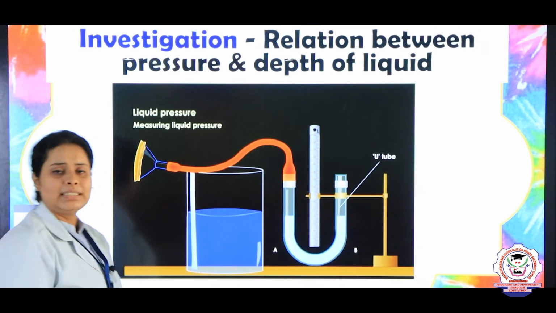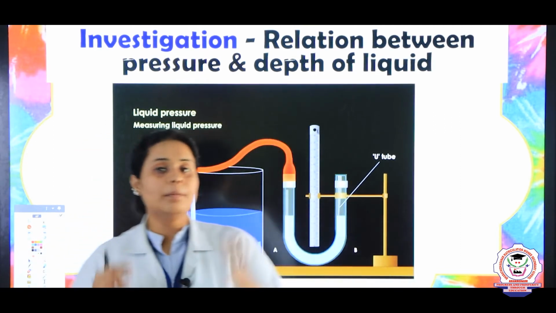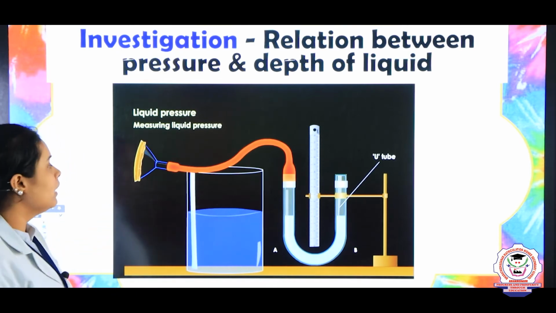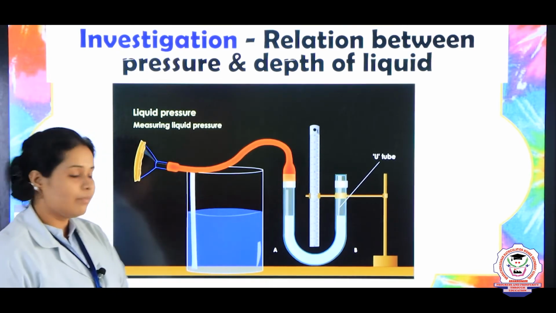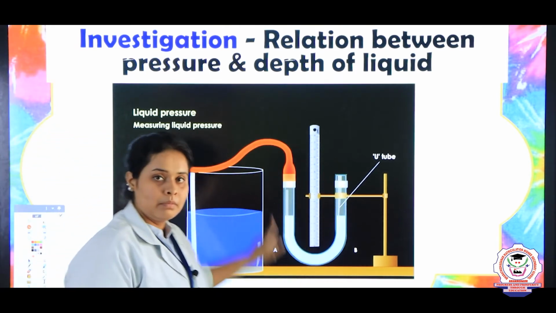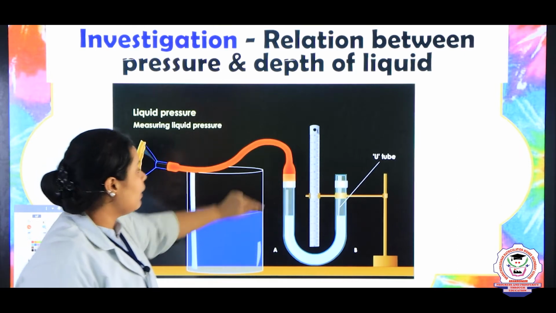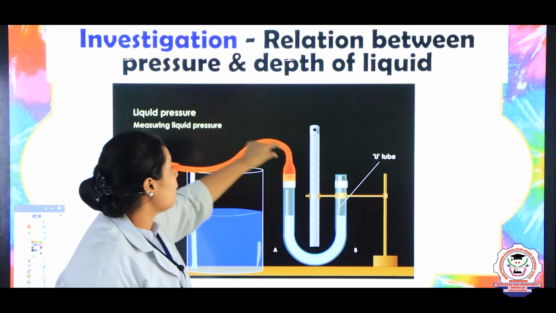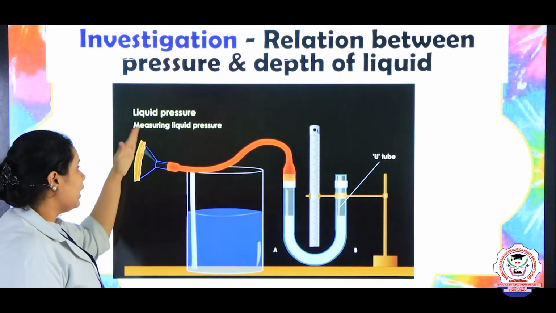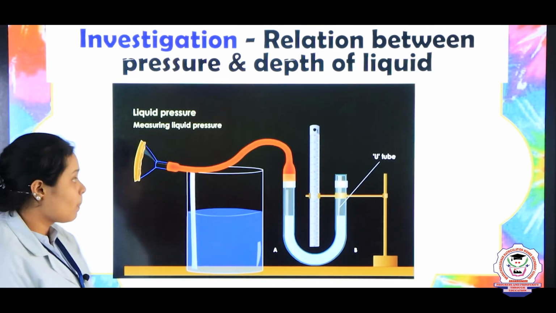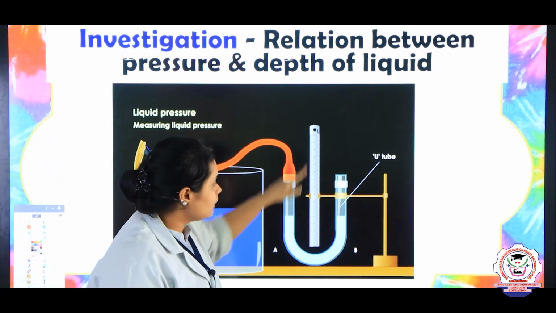Yes. So now let us see what is the relation between the depth of the liquid and the pressure. For that we need a glass. In this glass we are putting water, and in the same way we are taking a U tube, because it is U in shape, right. We are fixing the U tube, and on one side of the U tube we are fixing a funnel where a membrane is attached, and there is some vacuum created, and see here there is a scale also.